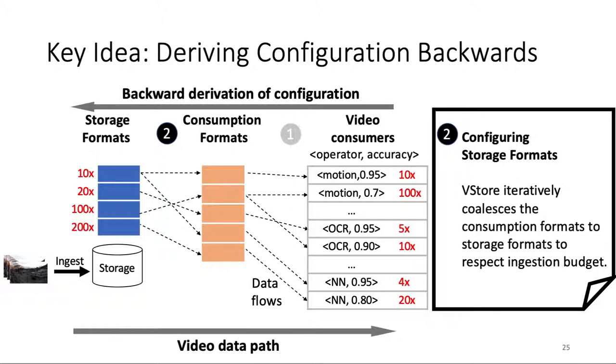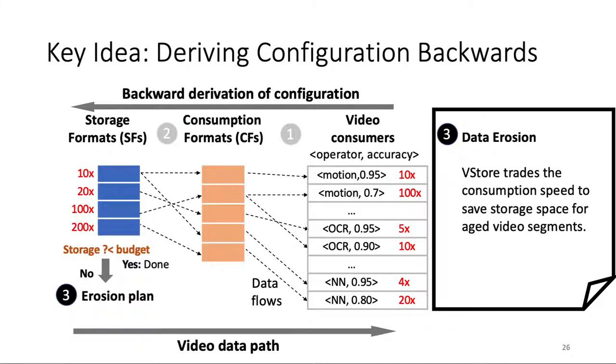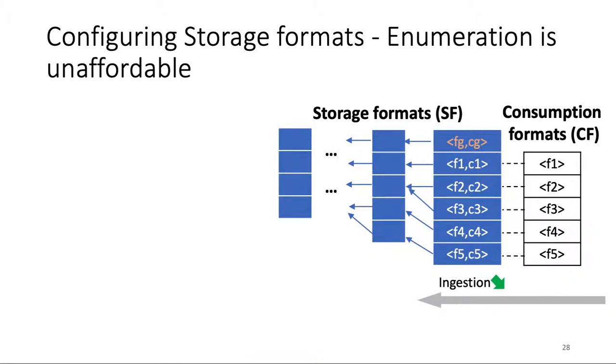VStore iteratively coalesces the consumption formats into storage formats to respect the ingestion budget, which means whether the system can afford ingesting M formats. The third step is the erosion plan. VStore trades the consumption speed to save storage space for aged video segments. Due to time limits, I will only talk about the second technique, which is configuring storage formats.